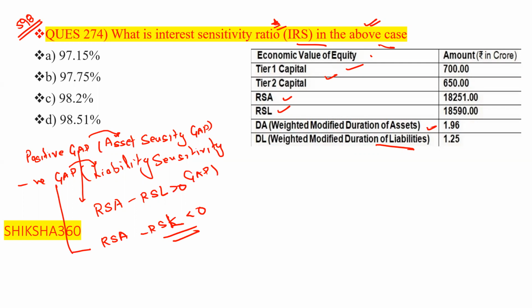Now let's discuss what they are asking in the question: interest rate sensitivity. How can we calculate the interest rate sensitivity? In the formulas, interest rate sensitivity is represented by W. So IRS or W, what is W? It is equal to RSL upon RSA.